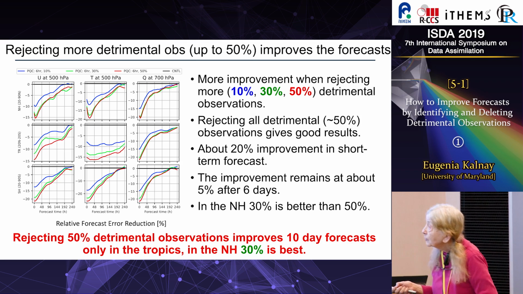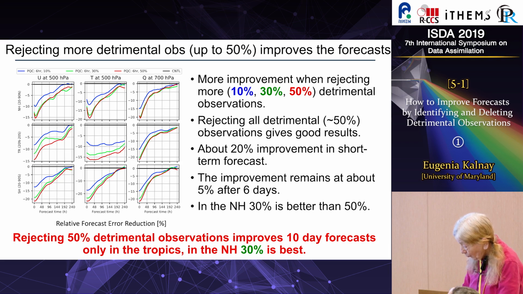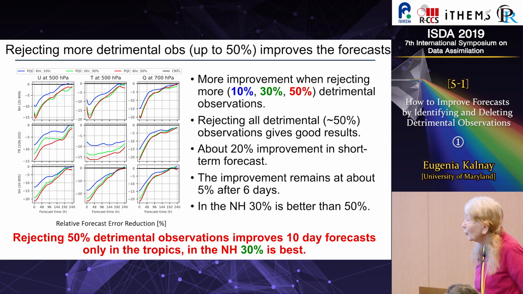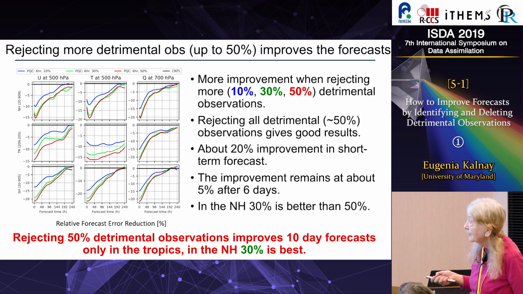But in the southern hemisphere and in the tropics, 50%, for example, elimination of the most detrimental observations is the best, not in the northern hemisphere.